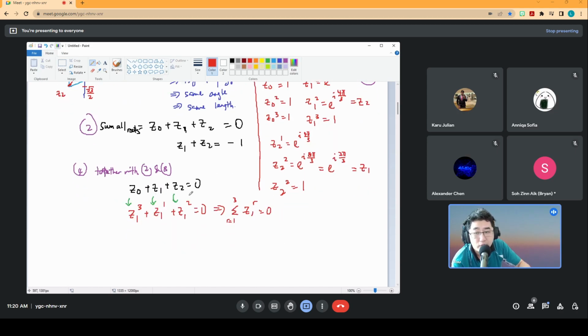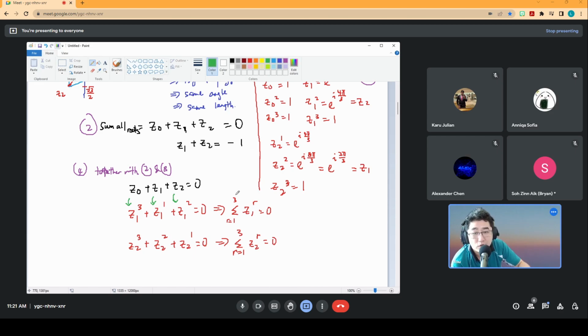Similarly, if I write in the form of Z2, Z2 power 3 will also equal 1, Z1 becomes Z2 power 2, and Z2 is Z2 power 1, which will also equal 0. This also tells us that the summation of Z2 power r, r from 1 to 3, is also equal to 0.